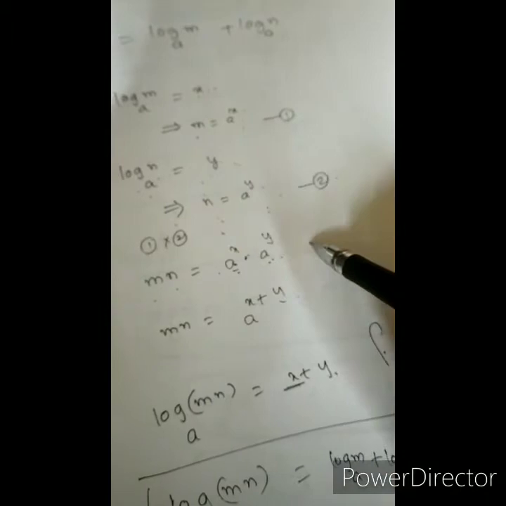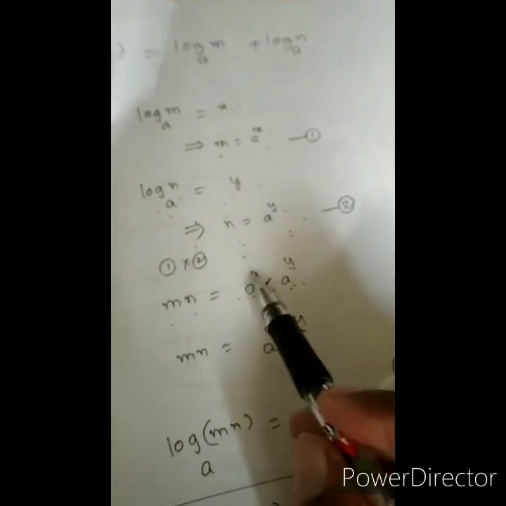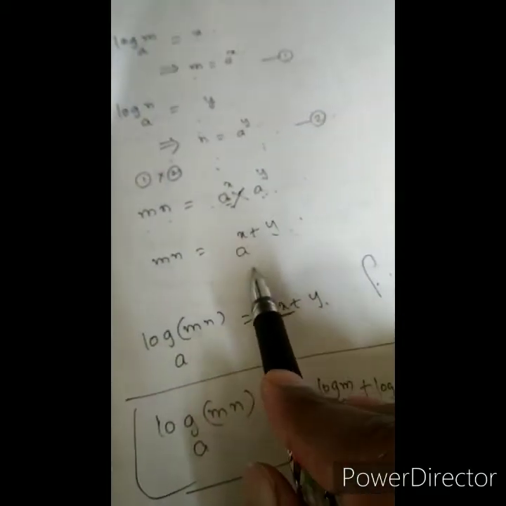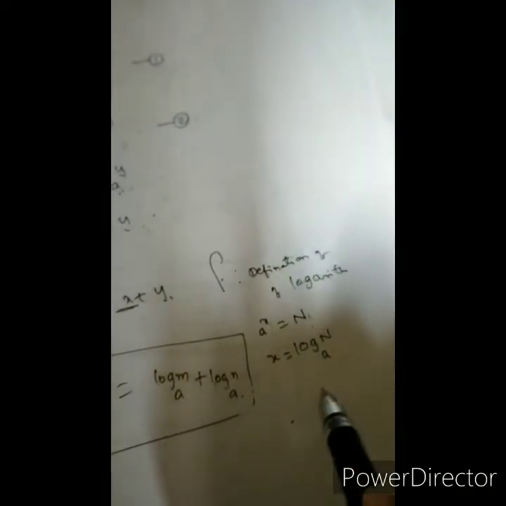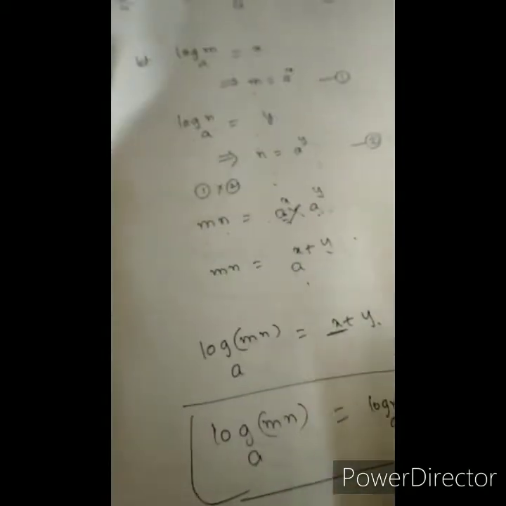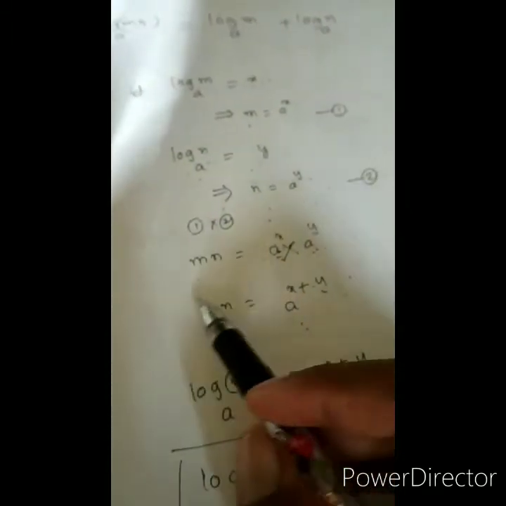So a power x into a power y. Now here the bases are the same, so you can add powers. That means mn is equal to a power x plus y. Again here I apply the definition of logarithm: if a power x is equal to n, then you can write x as log n to the base a. Similarly here, a power x plus y is mn, so you can write log mn to the base a equal to x plus y.